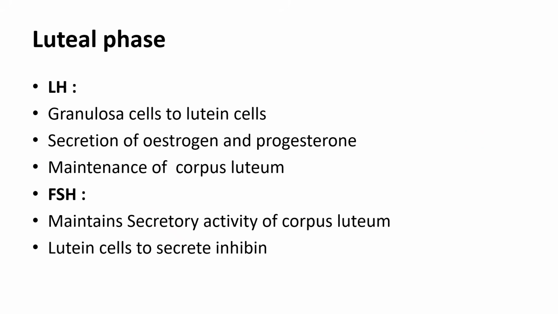Coming to the luteal phase, it is mainly under the control of luteinizing hormone, which converts the granulosa cells into lutein cells, and secretion of estrogen and progesterone starts. This luteinizing hormone is the one which maintains the corpus luteum.